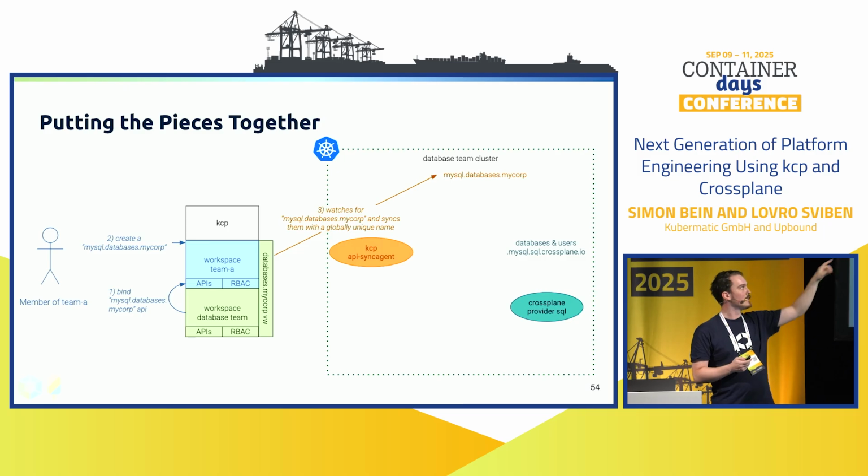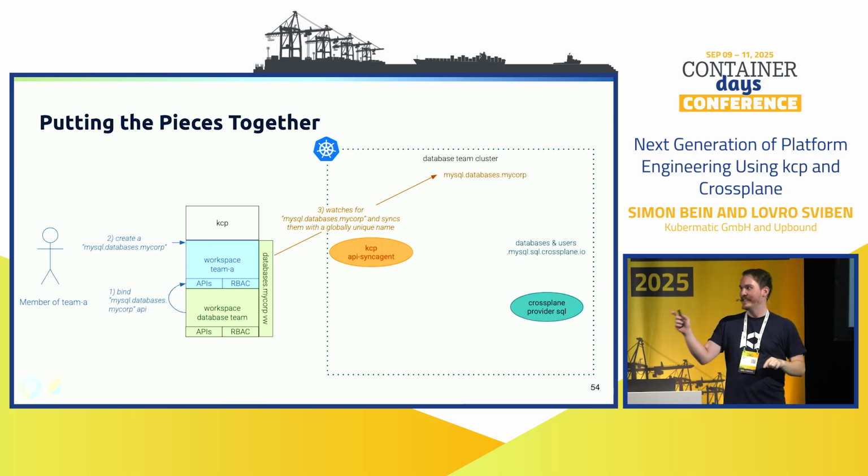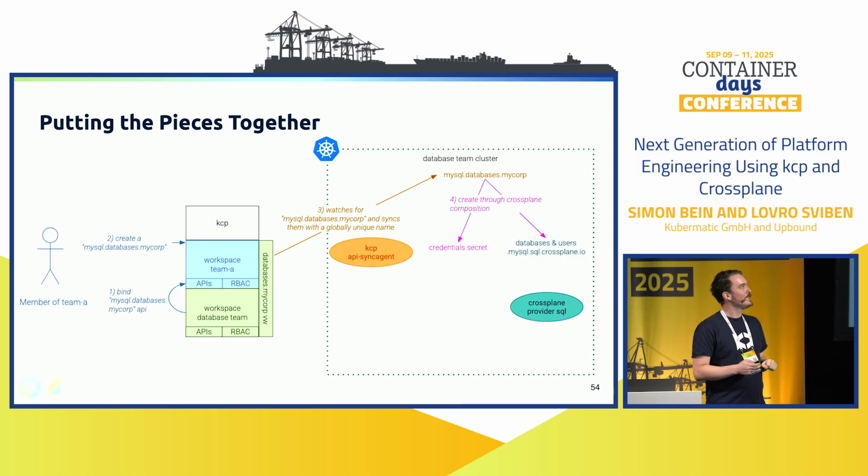And then it creates a database mycorp, and now Crossplane comes in. Actually the database mycorp is a Crossplane composition, and the reason why we use a composition here is so that we can create a credential secret out of it that is syncable by the API sync agent. So we create a blank secret, it's just a placeholder for a minute. Then the usual Crossplane process starts.